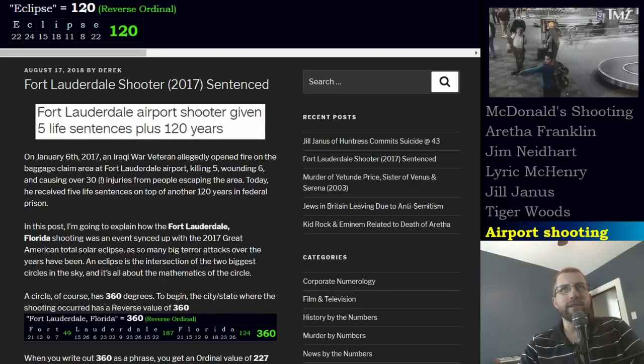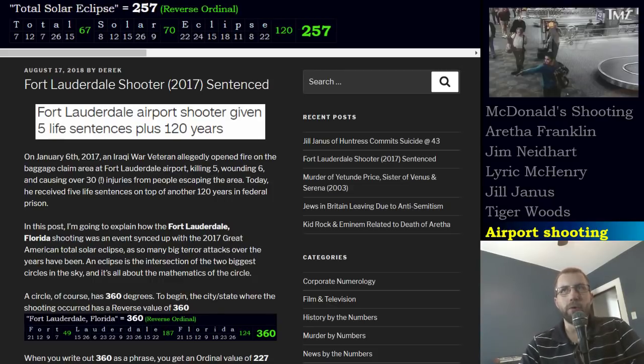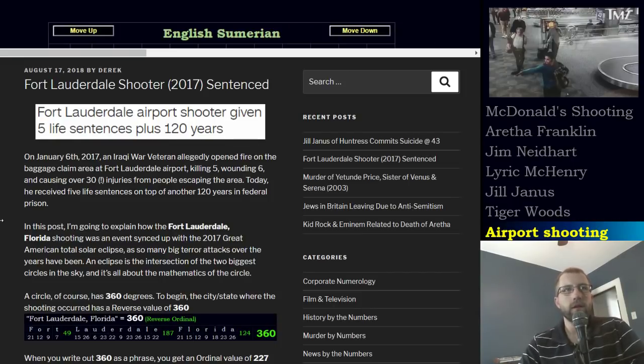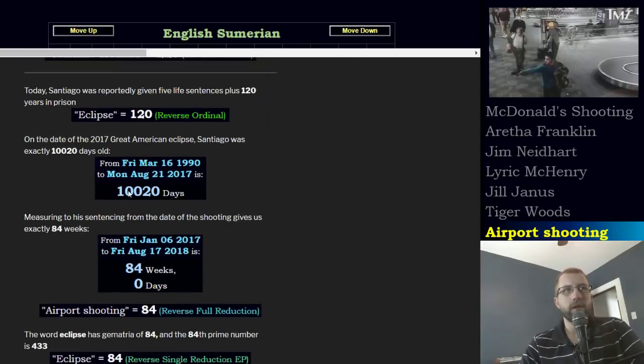Well, first of all, consider that the word eclipse equals 120, in addition to the fact that total solar eclipse has this 12-12 gematria. On the date of the 2017 total solar eclipse, the shooter in this story, Esteban Santiago, was exactly 10,020 days old.